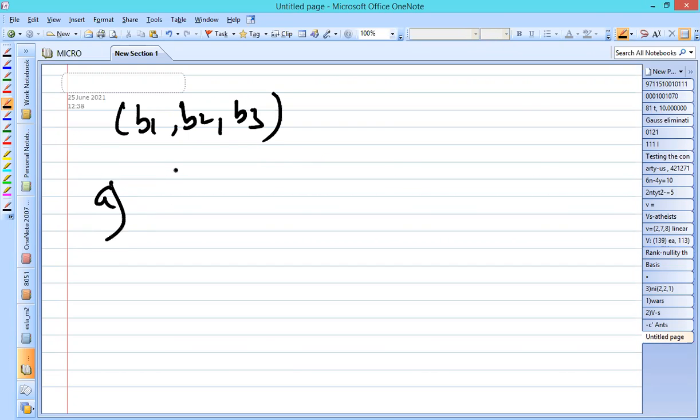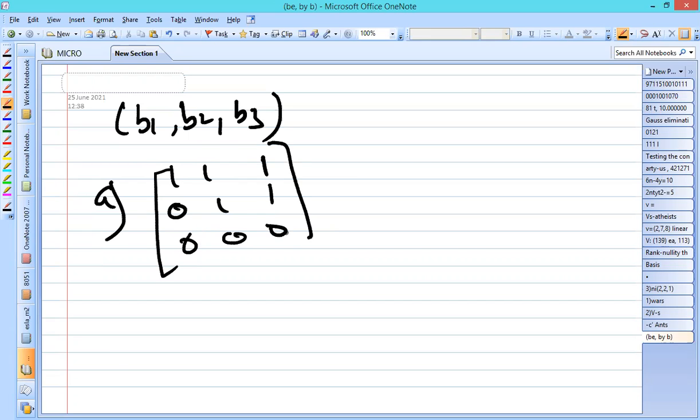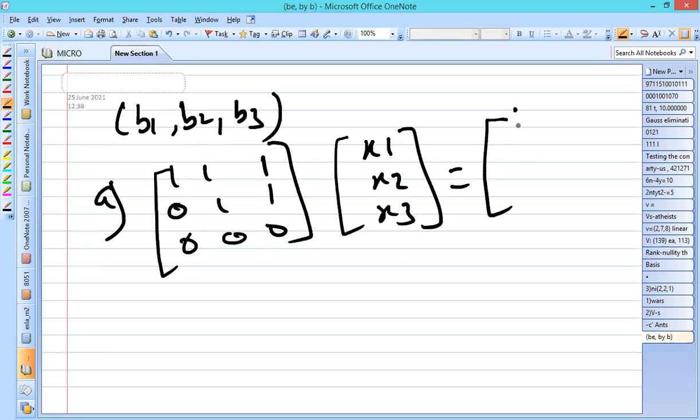Now we have the equation. I'll take the matrix like 1, 1, 1, 0, 1, 1, 0, 0, 0 times x1, x2, x3 is equal to b1, b2, b3. I think we have solved this.